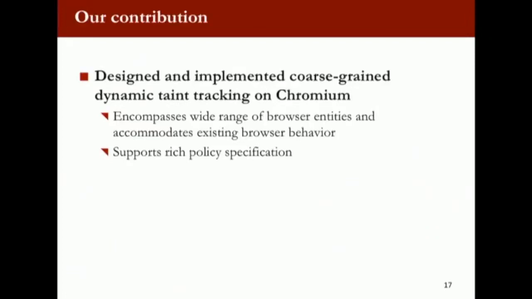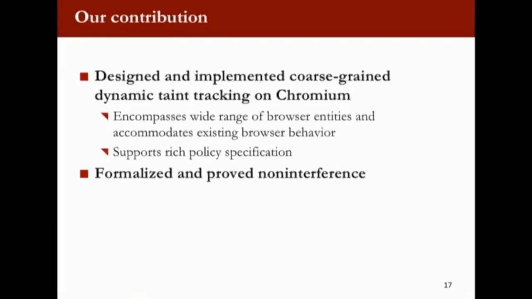In our infrastructure, we cover almost all the parts of the browser, while still allowing existing behaviors of the browser. The second part is that we allow a rich policy specification so the web developer can say how the information should be shared, and so on. Then the next contribution is a formal one, where we say, okay, tainting tends to be an easy way to implement information flow control.